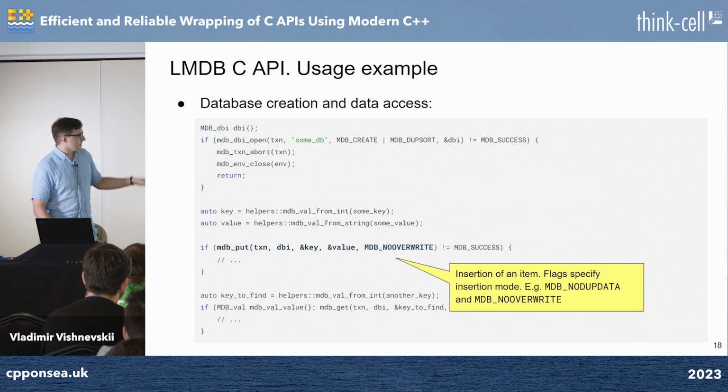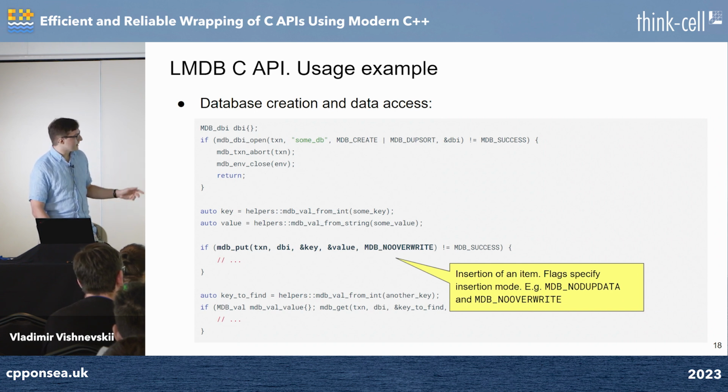Here is the MDB_put function to put the data. It accepts the values that we need to put for key and value, plus some flags that control the insertion mode.